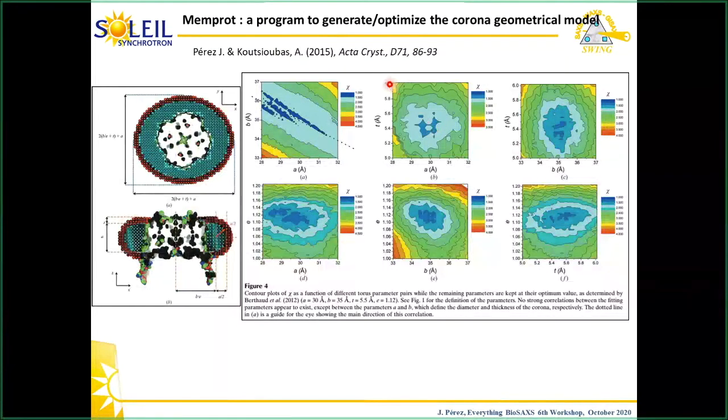So you will start with very loose steps first, and kind of zoom then on the minimum area. So starting from 28 to 32 angstroms for A, for example, with only 1 angstrom step, and then zoom into a smaller area here where you will relaunch Memprot using a thinner step.